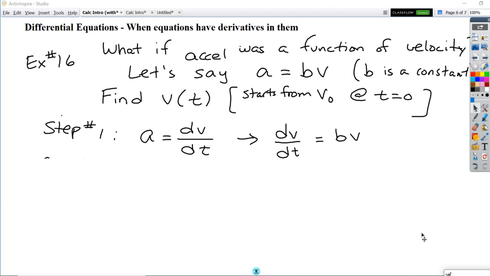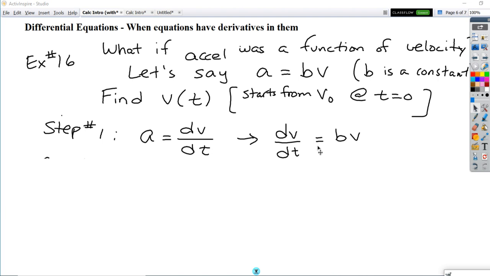So by putting dv by dt in for a, we get dv by dt equals bv. We've just made a differential equation. That equation now has derivatives in it. There's different ways you can rearrange the terms, but that is now a differential equation.